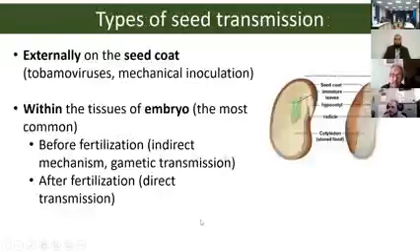So we know very well that we have two types of seed transmission: externally on the seed coat, which happens with viruses like tobamoviruses, where by mechanical inoculation the virus is transmitted to other plants, and embryo transmission, which is actually called true seed transmission.